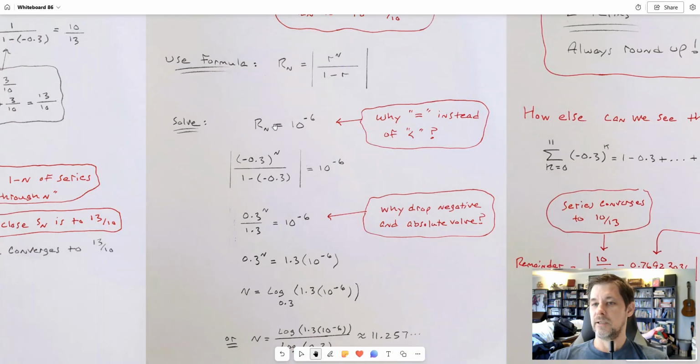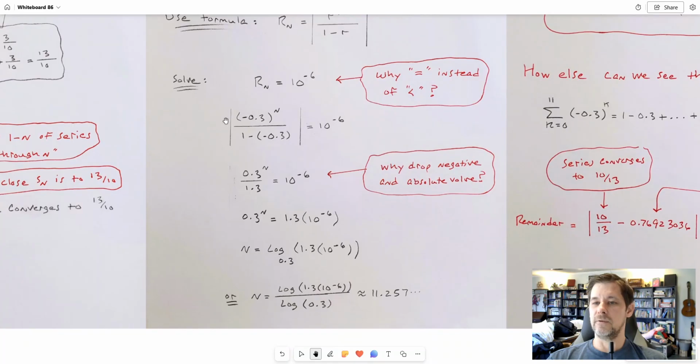So I can set it equal and just say, if I go any past that point, then I'll get the less than. So here's my remainder formula. The common ratio of the series is negative 0.3, so negative 0.3 to the n power over 1 minus negative 0.3, in absolute value, equals 10 to the minus 6. So I have to solve that equation somehow.